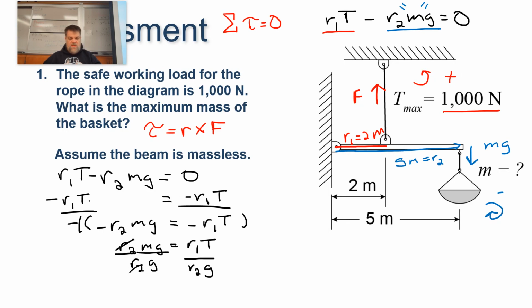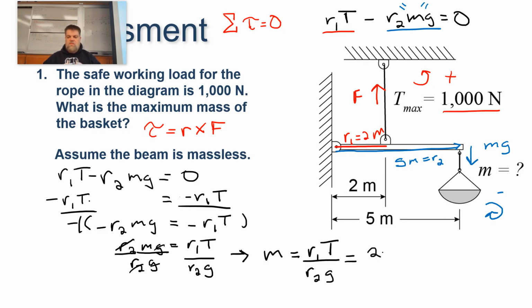This cancels with this, and so I'm left with m is equal to R1 times T divided by R2 times g. So then I just plug in the numbers.